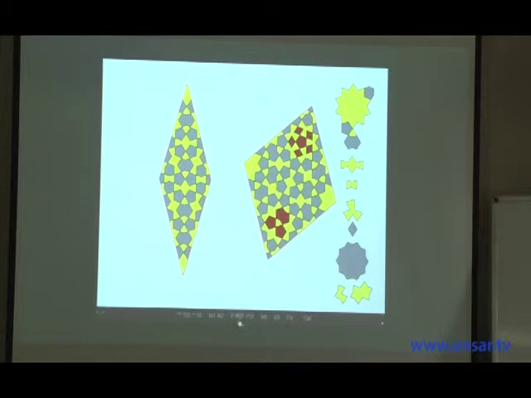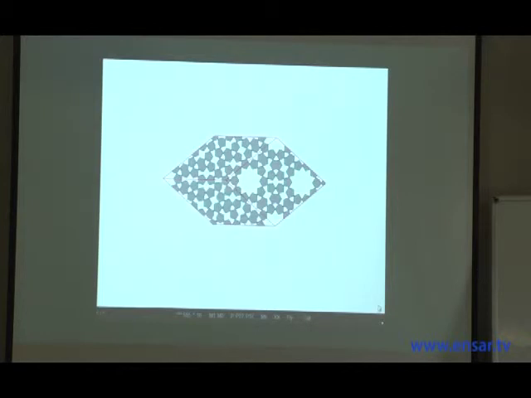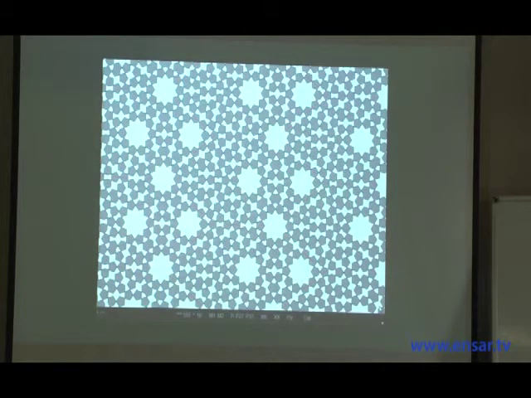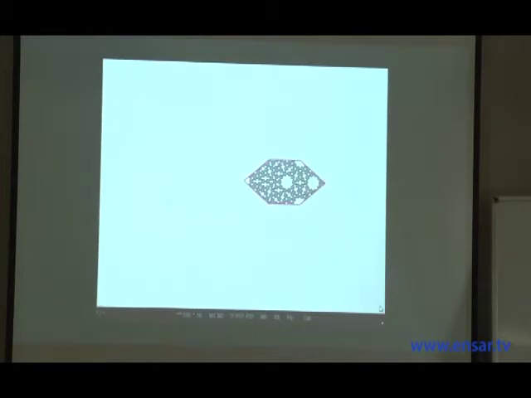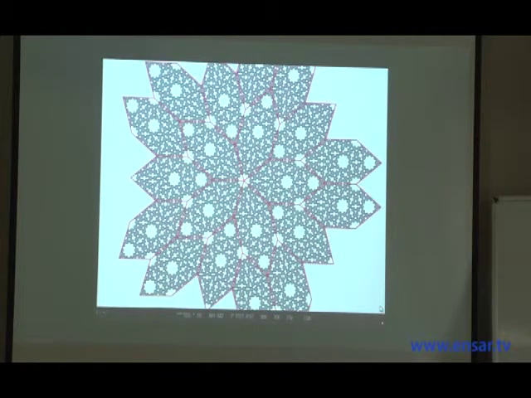Now what can I do with that? Maybe, okay. I cannot do that because the edges are not symmetric. I cannot do that, but I can do that. If I do that, I have a hexagon. I can fill the space in a periodic way with the hexagon. With the same hexagon, I can fill it in a radial way.